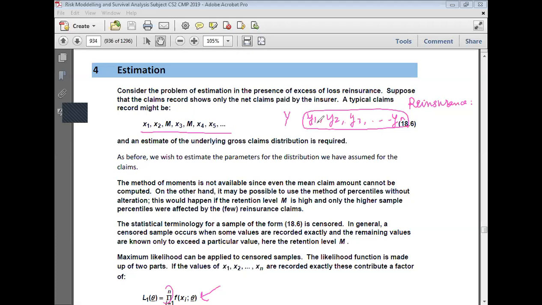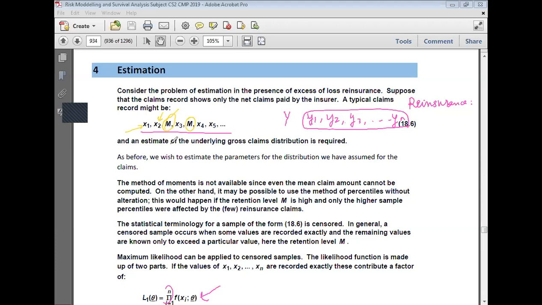Because if we have a look at the insurance company's claim amounts, we only know that it will be X1, then X2. But in some cases, we only get M as the amount actually incurred by the insurance company.